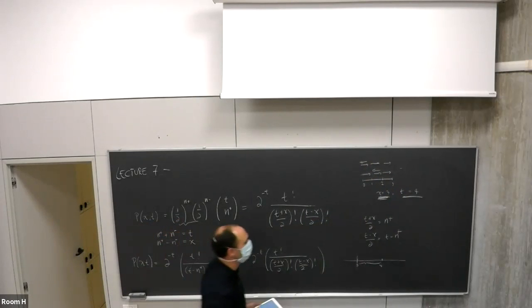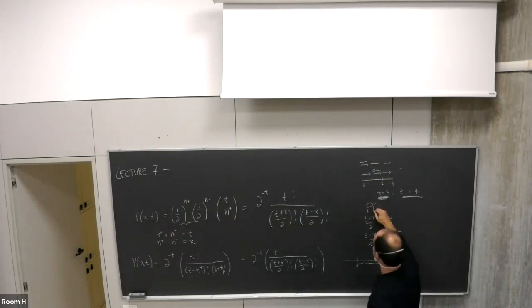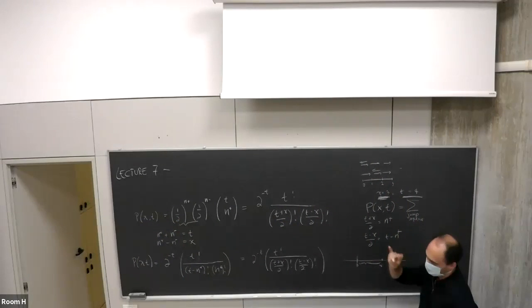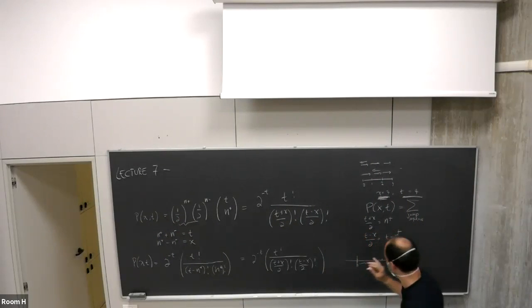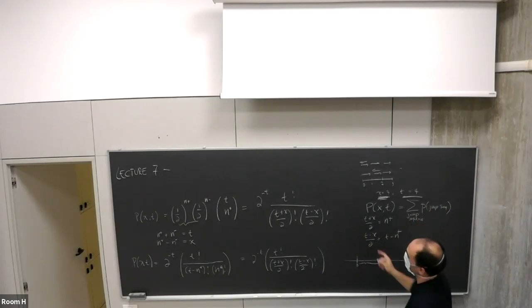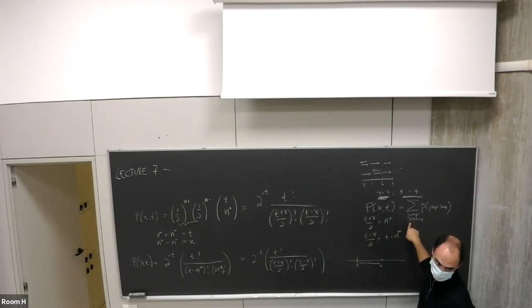So if we say the probability to be at x at time t, we are summing over different sequences of jumps. Jump sequence is not a very precise way to write it. The probability for the jump sequence is all the same, but then you have to count how many of these are available.